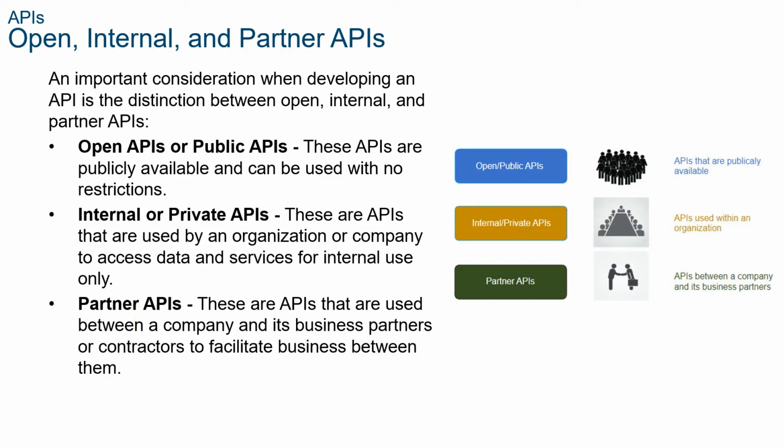These are APIs used between a company and its business partners or contractors to facilitate business between them. The business partners must have a license or other form of permission to use the API. So a travel service using an airline's API is an example of a partner API.